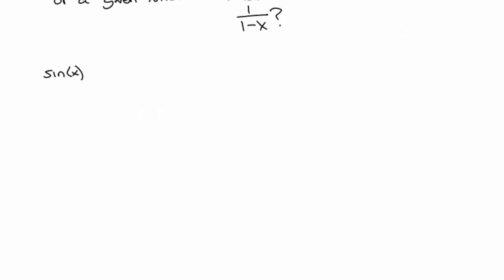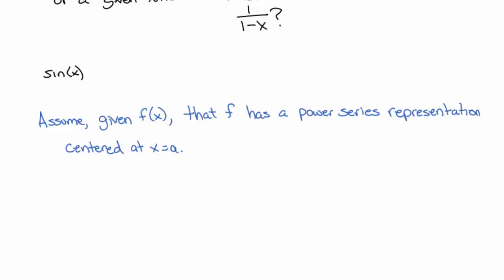To make this work, we're going to make a couple of assumptions. Given a function, we will assume that it has a power series representation centered at x equals a. This is a big thing.